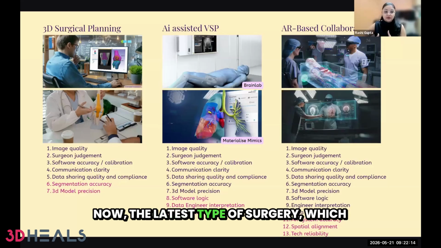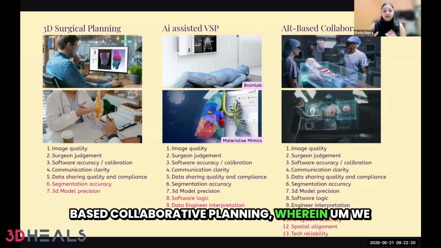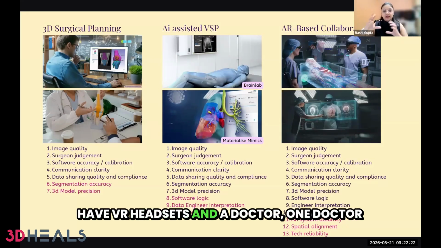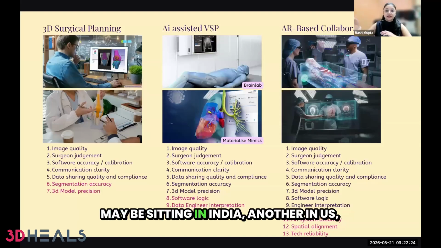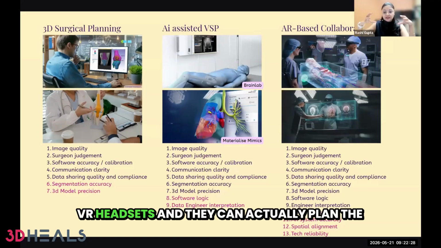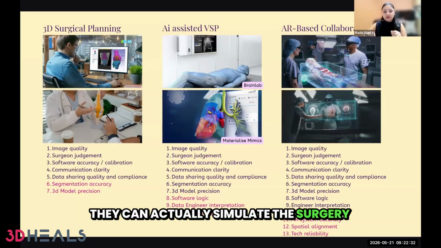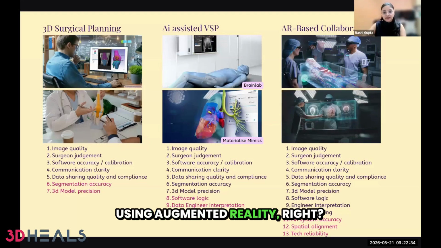Now, the latest type of planning, which mostly we are talking about here, is AR-based collaborative planning, wherein we have VR headsets, and one doctor may be sitting in India, another in the US, another in Belgium, and they can wear those VR headsets and they can actually plan the surgery. They can actually simulate the surgery using augmented reality, right?